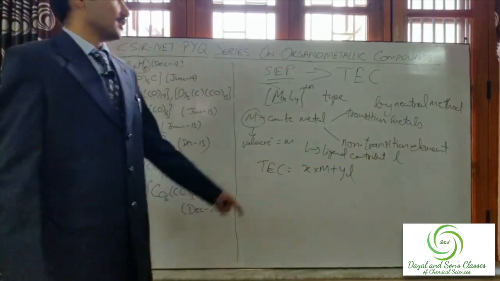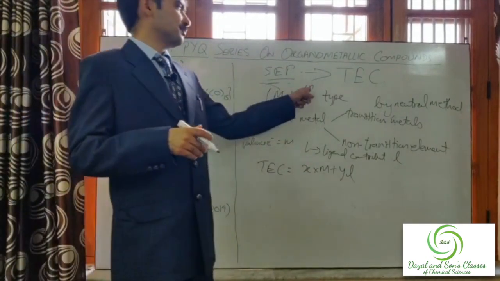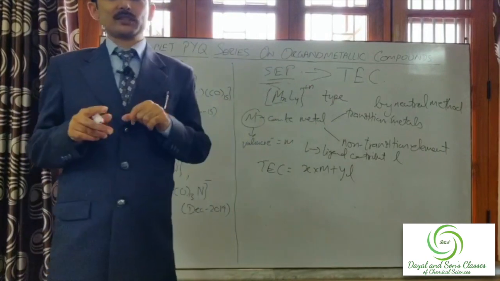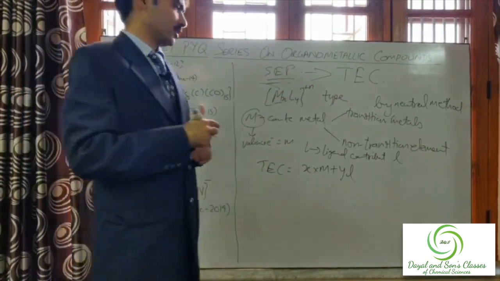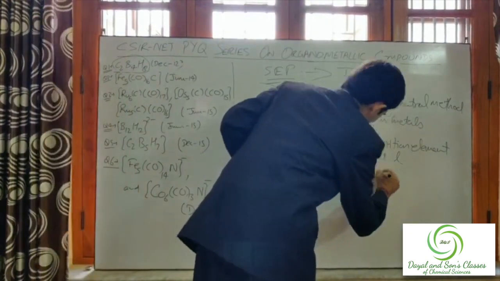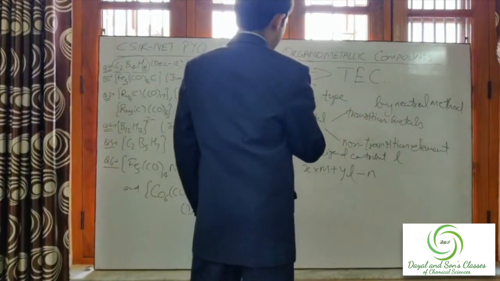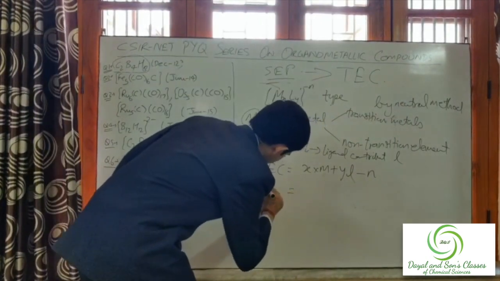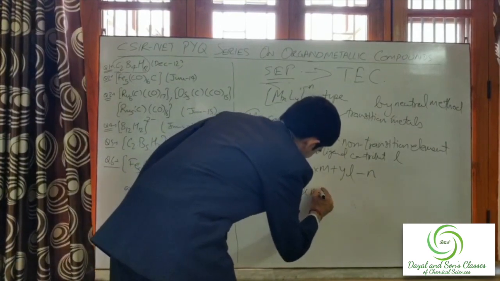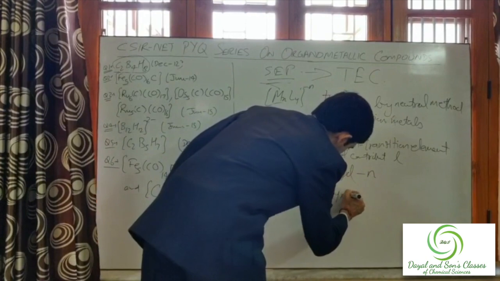Now, plus n is the charge on the complex. If the charge is +1, that means one electron has been lost, so we will write it as minus n. And in case it had been minus n, then the general formula will become x into m plus y into l plus n.